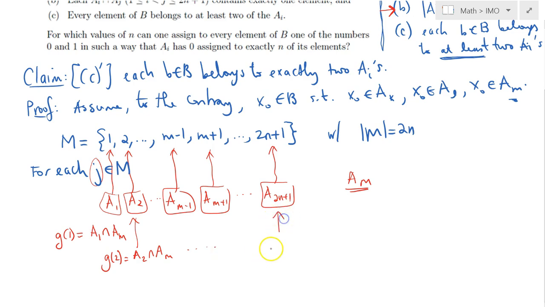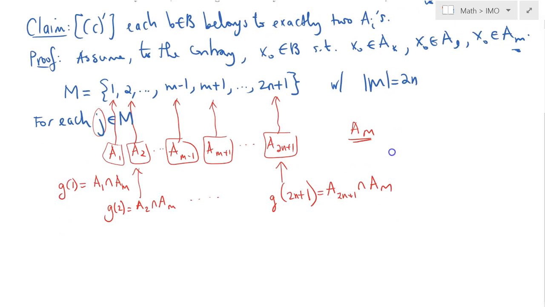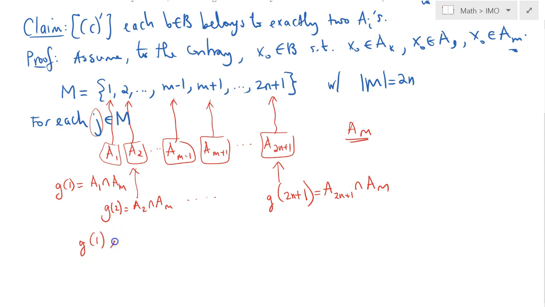In this case we can assign g of 2n plus 1, which is simply the intersection of the sets A sub 2n plus 1 and A_M, and I know there is exactly one such element there. Therefore what I did here is I created this new set g1, g2, up to g of 2n plus 1. This set has 2n elements in it.